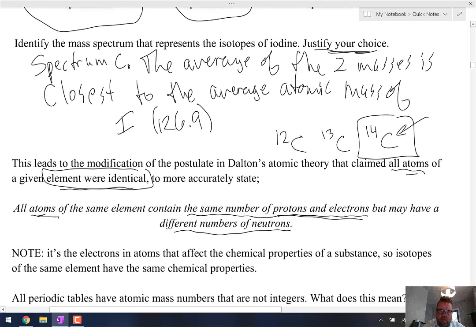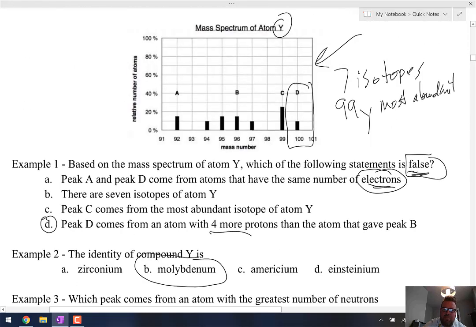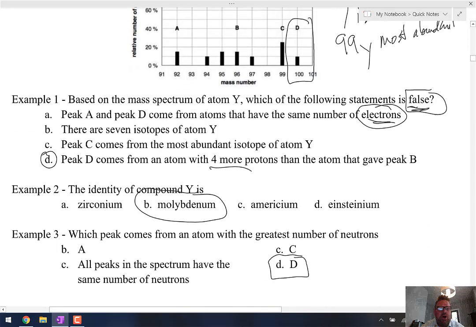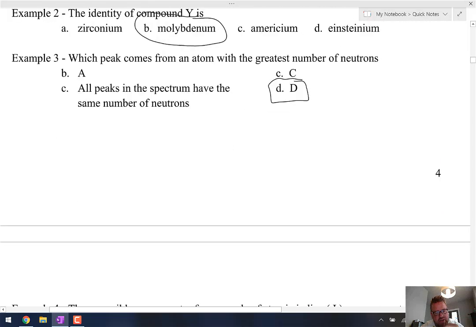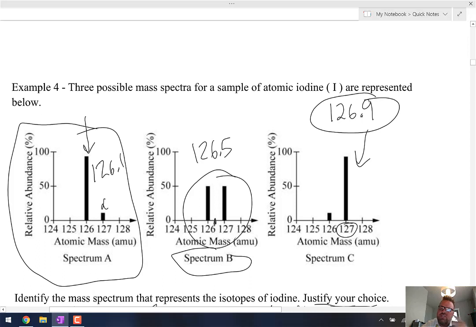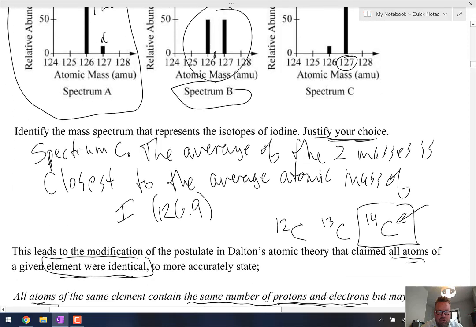Okay, and this is all based on your ability to look at a mass spectrometry graph and know that anytime it talks about the mass spectrum of something, you're simply talking about the neutrons and therefore the different isotopes of that element. And right now you're like, well, this is easy. Well, once we start learning about other graphs, they all kind of get jumbled together. So remember that with mass spectrometry, we're talking about isotopes that have a different number of neutrons.